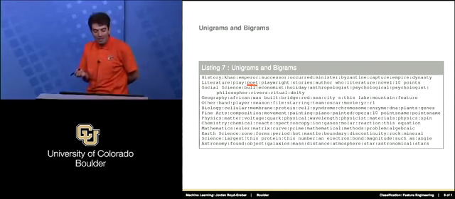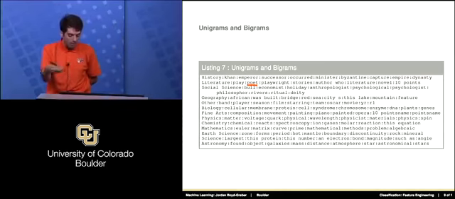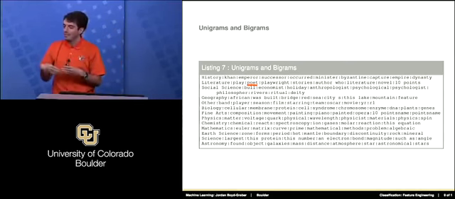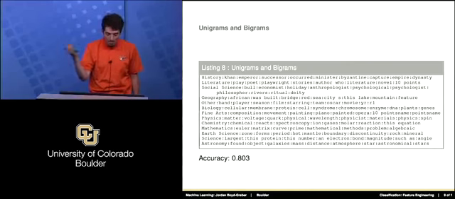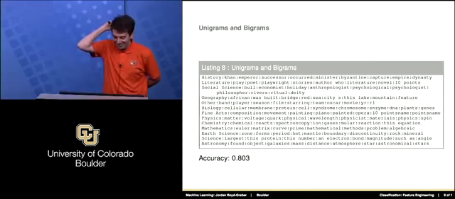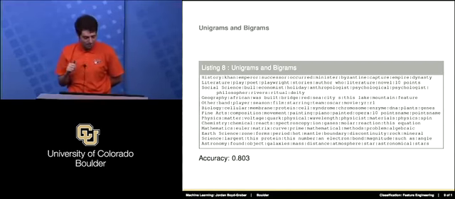That has now gone away. And so once you throw in both unigrams and bigrams, the model gets to choose, do I want to use this in a bigram or do I want to use this in a unigram? And it ends up doing better, not too much better, but a little bit better than just bigrams by themselves.